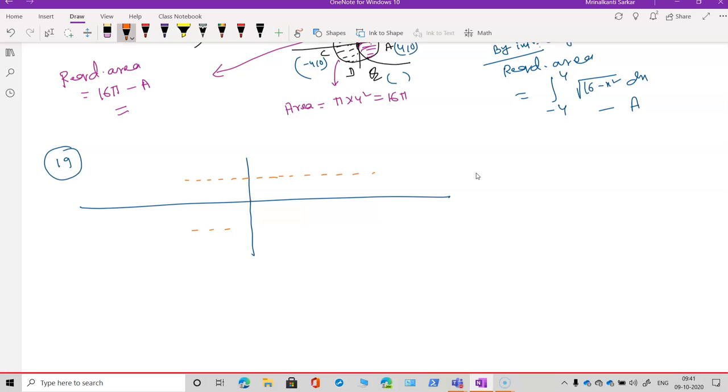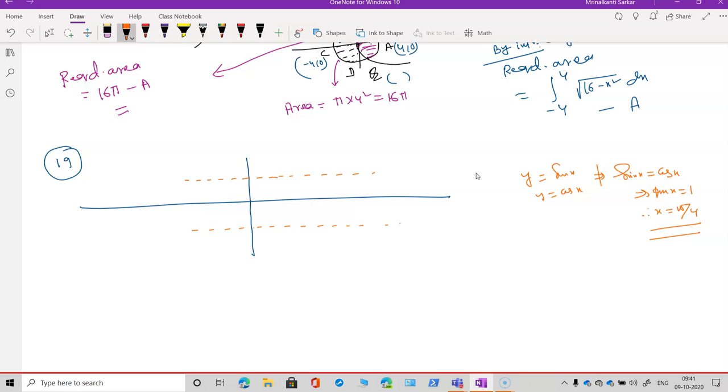Before you solve the problem, you just think, where do these 2 curves y equal to sin x and y equal to cos x intersect? When they intersect, sin x must be cos x, tan x must be 1, so x must be pi by 4.